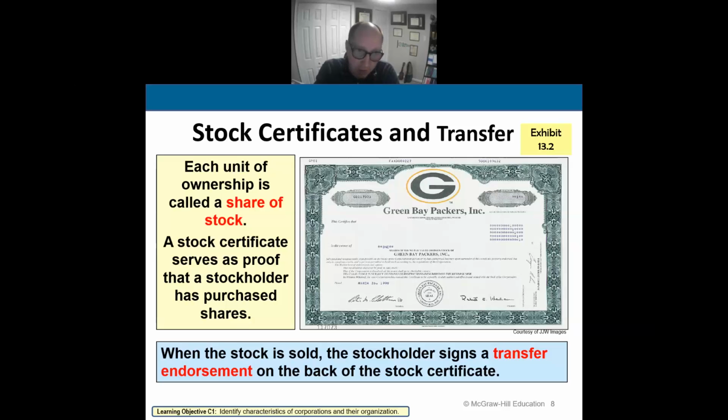It represents each share of ownership. It'll say how many shares it is and what the value is. It's almost like a title to a car or to a house, because it's a share of ownership. On the back, you would endorse it anytime it gets sold or transferred.